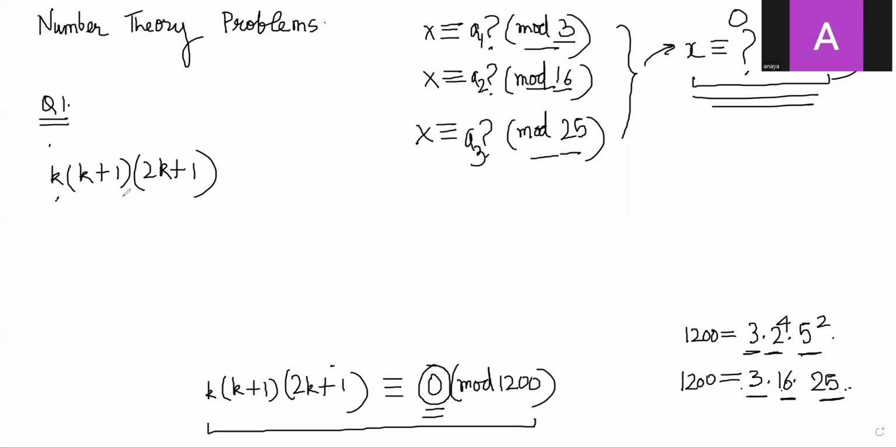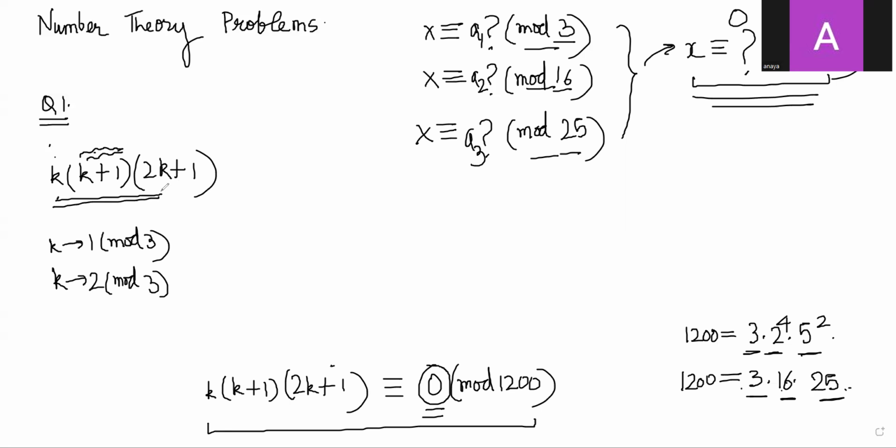If we look at the number k into k plus 1 into 2k plus 1 modulo 3: if k is 0 mod 3, the whole thing is 0 mod 3. If k is 1 mod 3, then you get 1 mod 3, 2 mod 3, and 3 mod 3, which is 0 mod 3. And if k is 2 mod 3, then the middle one becomes 0 mod 3.